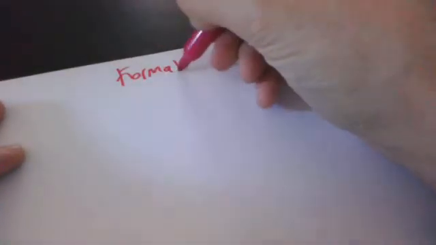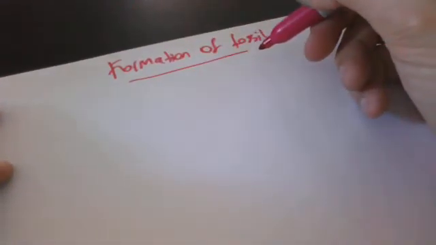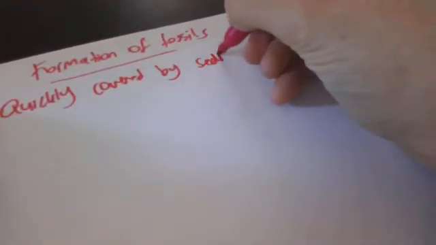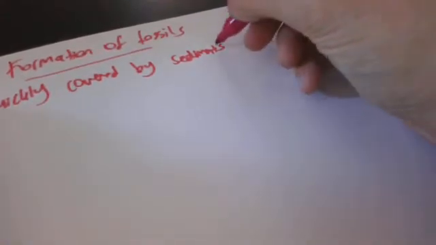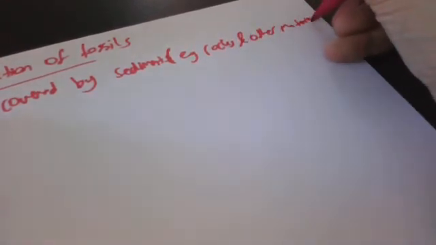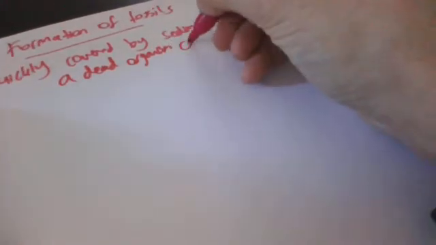Okay, now I want to talk about the formation of fossils and how they form. Okay, so here's how they form. So quickly covered by sediment. Now, sediment is basically pieces of rocks, example, rocks and other materials like sand. Quickly covered by sediment, a dead organism, so a dead animal, can be preserved, okay?